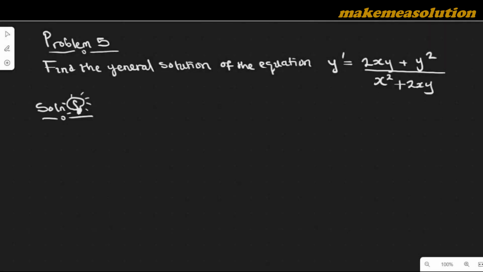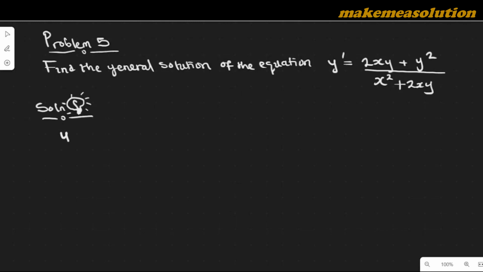We want to find the general solution of the equation y prime is equal to (2xy + y^2) over (x^2 + 2xy). So let's go ahead and attempt that.